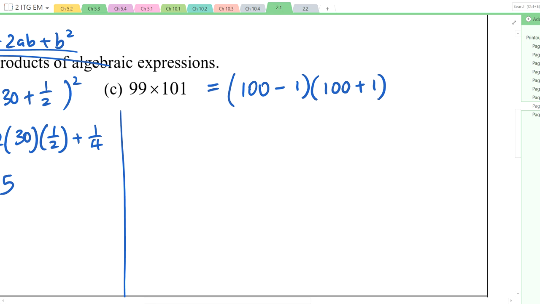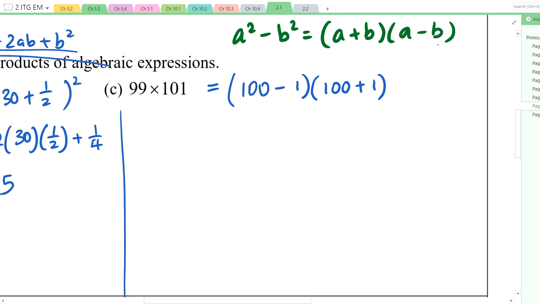Okay, the third one that we learned just now was a square minus b square equals a plus b, a minus b. Is it the same form? Whether it's a plus b, a minus b, or a minus b, a plus b is the same. Just like 3 times 2 is the same as 2 times 3. So now, what can we write next?